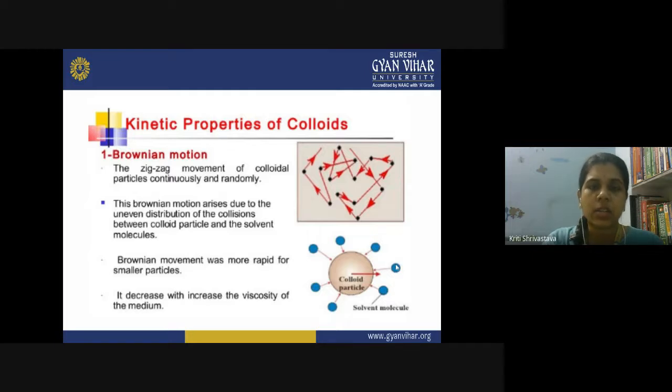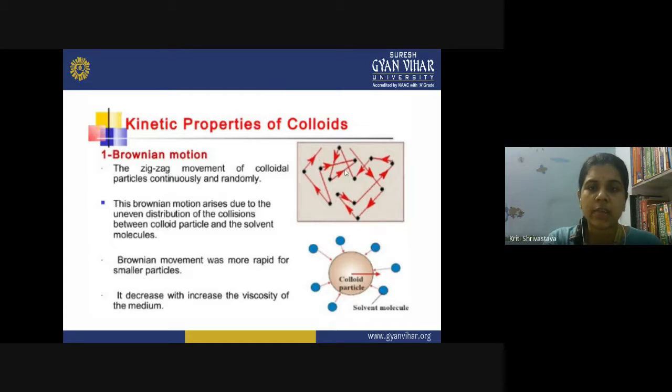So in the colloidal solution or sol, we have a dispersion medium, liquid or gas, and the dispersed phase is a solid particle. These particles continuously move inside the dispersion medium, and while doing so, they follow a zigzag movement. Zigzag is like this.